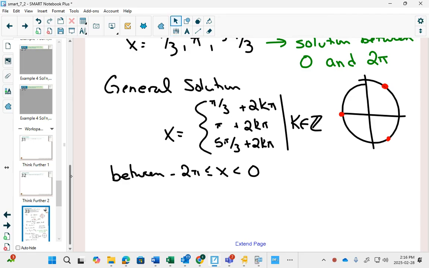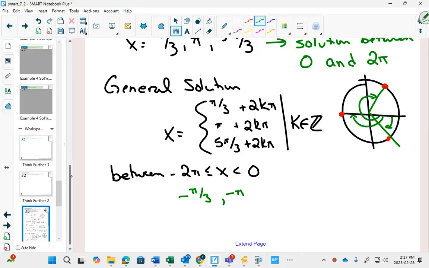Now I'm looking for this angle, and that angle. And you see the first negative one would be negative pi over 3, which has a reference angle of pi over 3. And the same as pi would be negative pi. And the same as pi over 3 would be negative 5 pi over 3. And you can circle questions 4, 8, and 9.